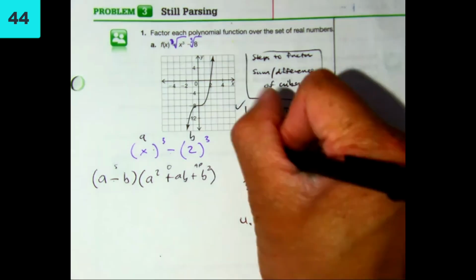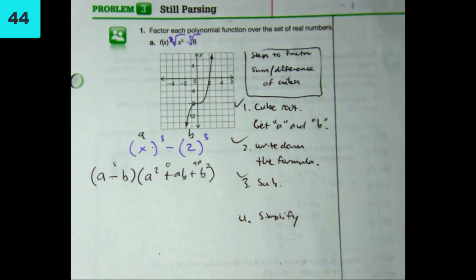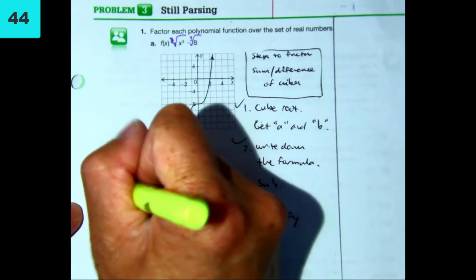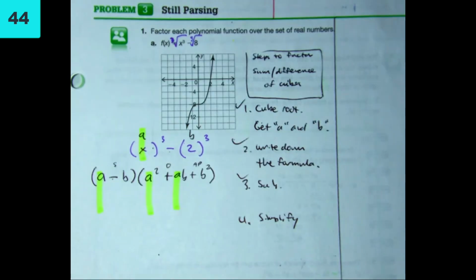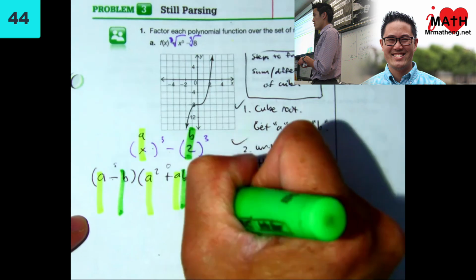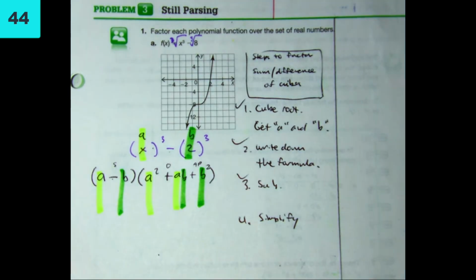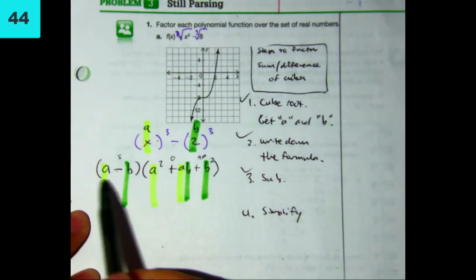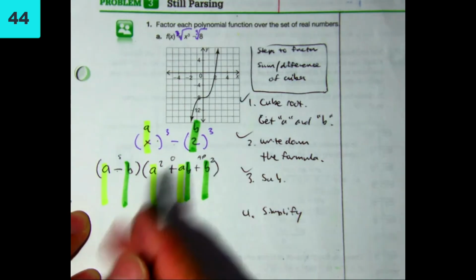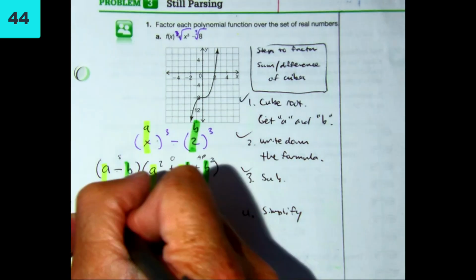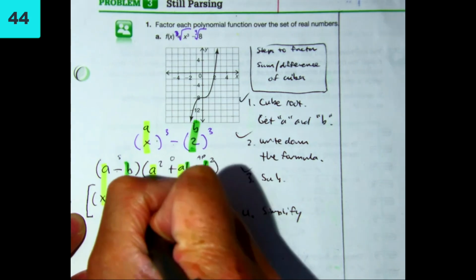Okay, so now I'm going to do the substitution. That basically says for every A value, we're going to put in X. And every B value, I'm going to put in 2. Now, in this problem, we're going to have a lot of parentheses, so I'm going to use a bracket for these. My A value is X minus 2.